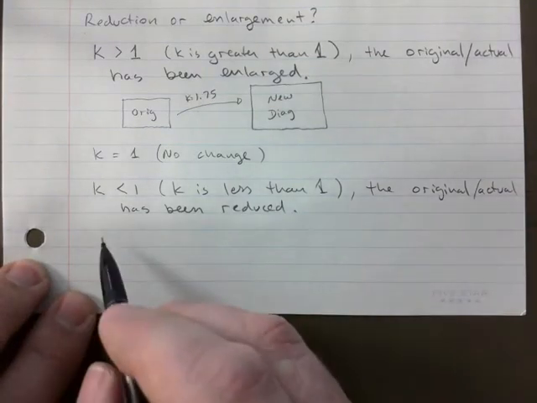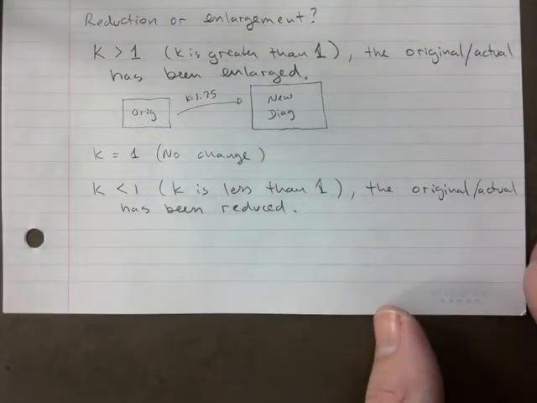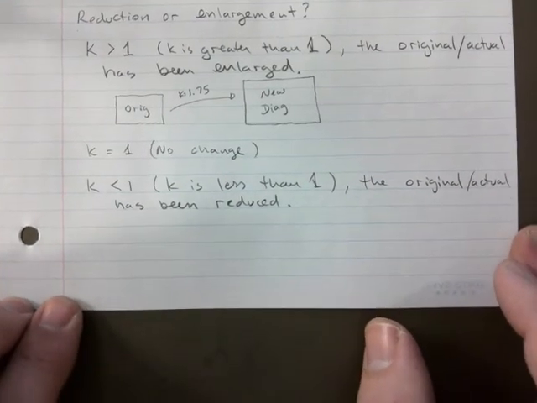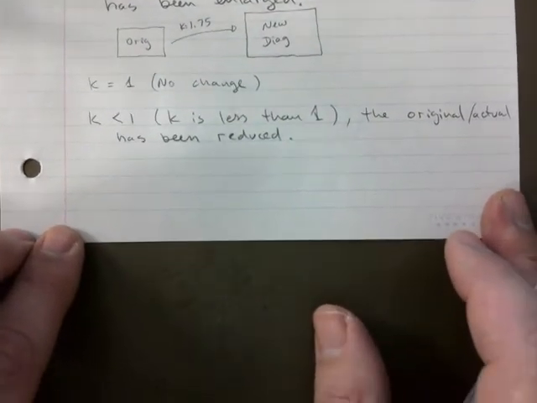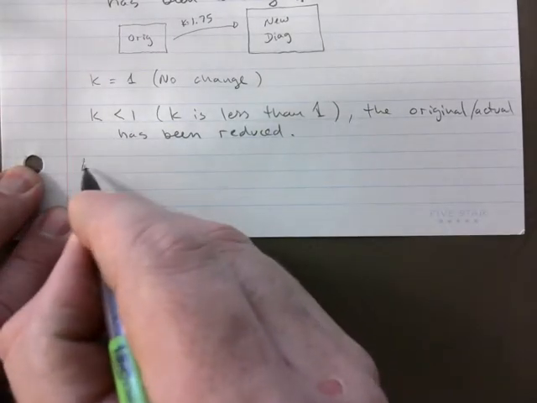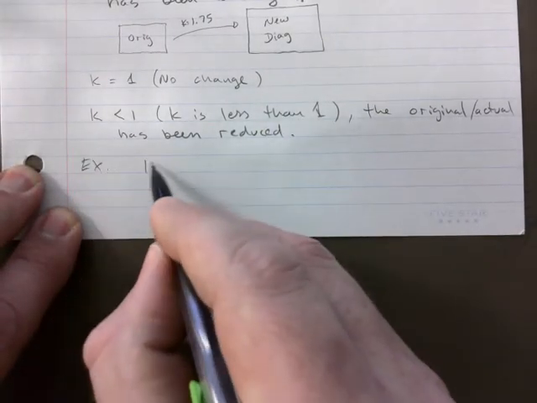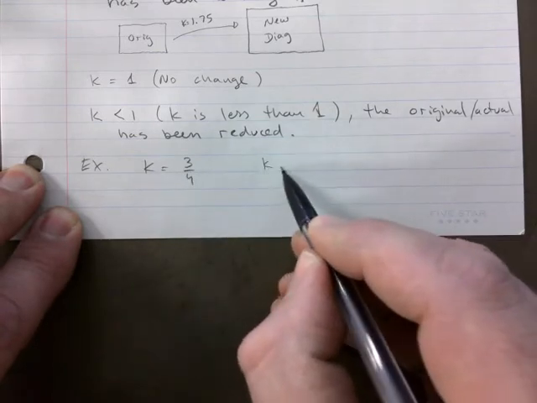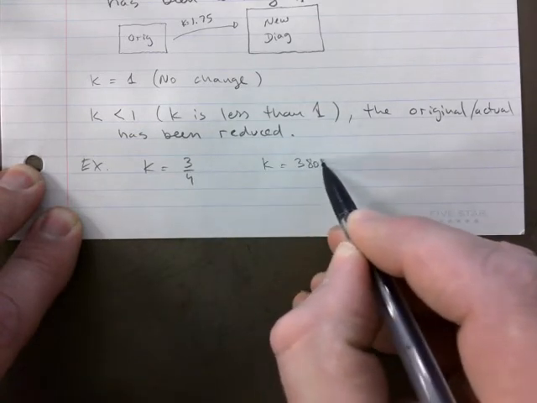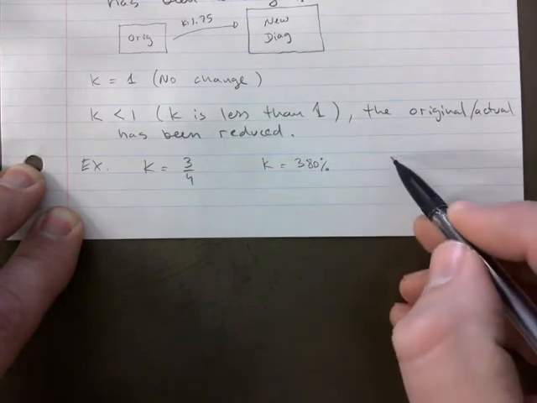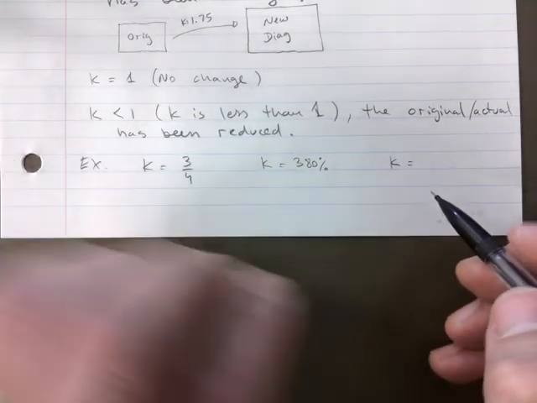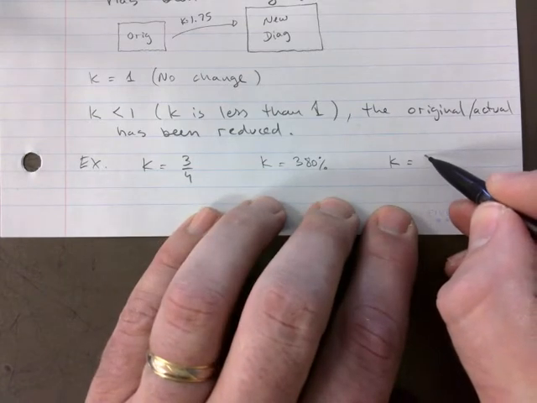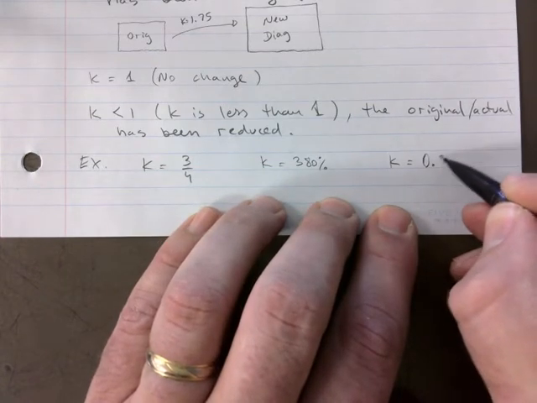So tell me, we'll do word problems here. I'm just contemplating here. Are you going to run into this? So example, K is equal to 3/4. K is equal to 380%. K is equal to 0.95.